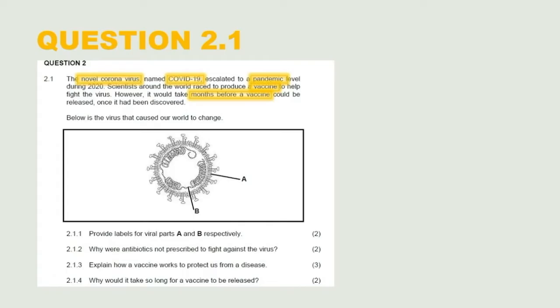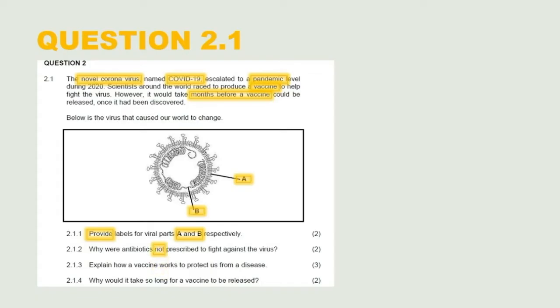In the section below, they have given you the structure of a virus. They have given you 2 labels, label A and label B. Question 2.1.1 asks you to provide the labels for the parts labeled A and B respectively, so separately.